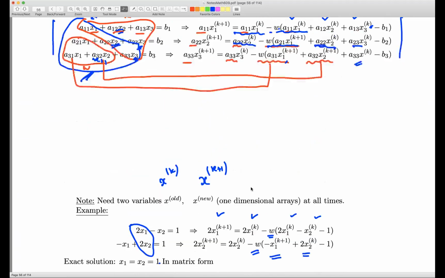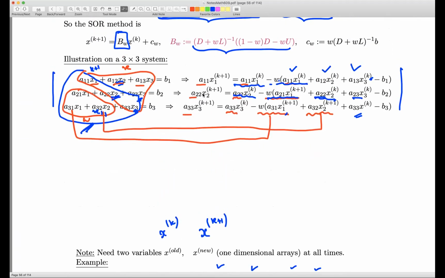Because the right hand side will be divided by this a22, that's why, even though you see here, for example, that you have a22 x^k minus omega a22 x^k, I'm just combining those two. And then you see that this is a22 times 1 minus omega.